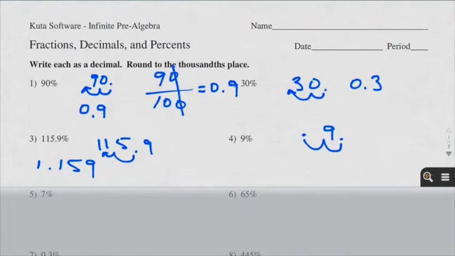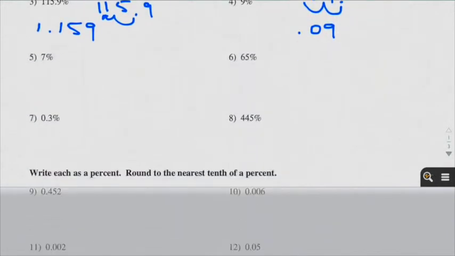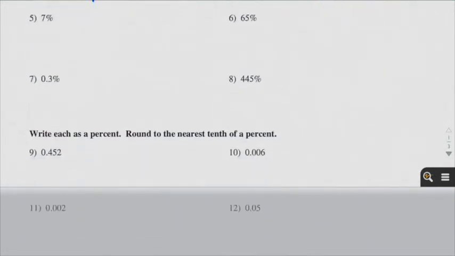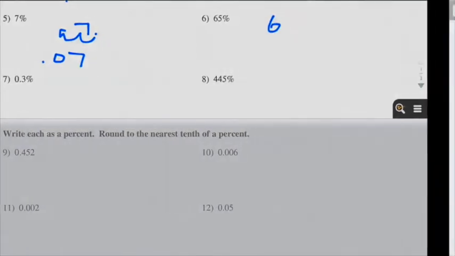So our new decimal is right here, but we can't just leave this area open. What we have to do is put a 0 there to fill in the space, and we end up with 0.09. Okay, number 5, 7%. Write that 7, our decimal is right there, move it over 1, 2, we end up getting 0.07. Number 6, 65%.